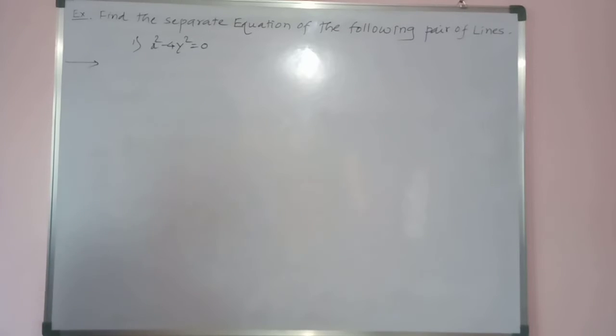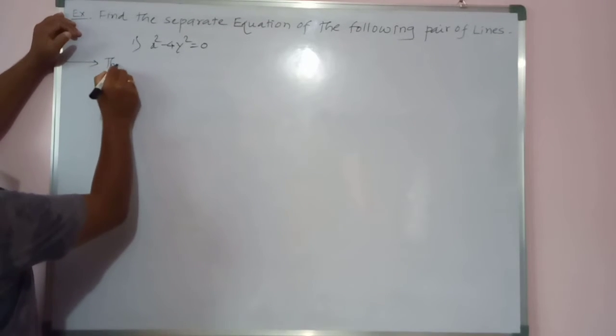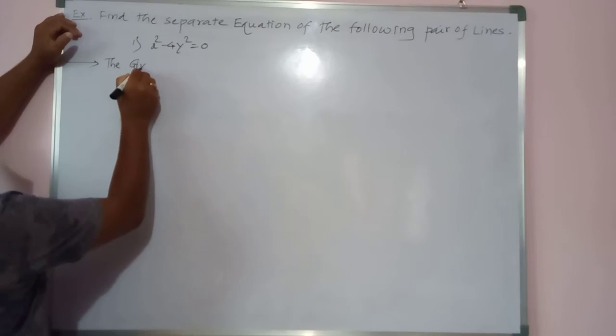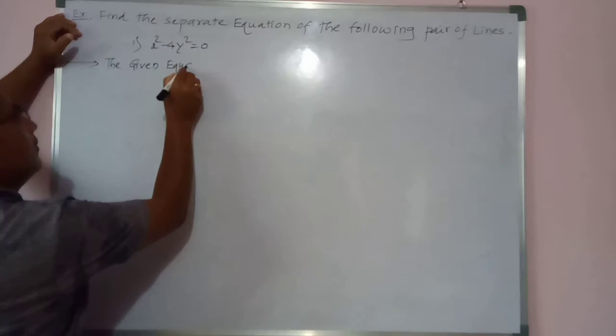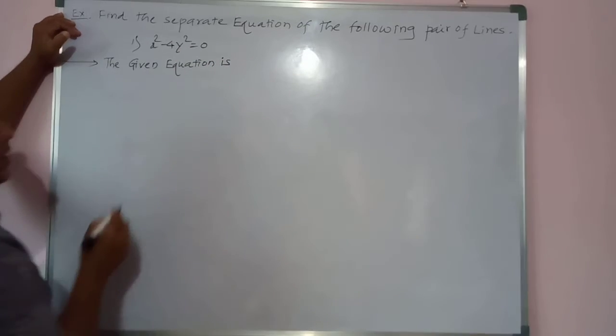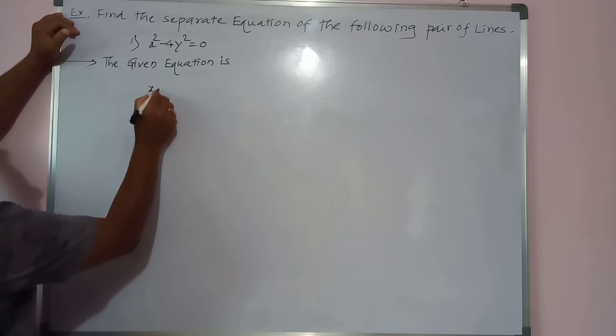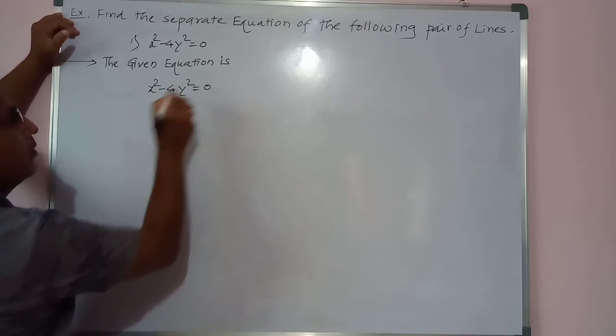Solution. The given equation is x square minus 4y square equal to 0.